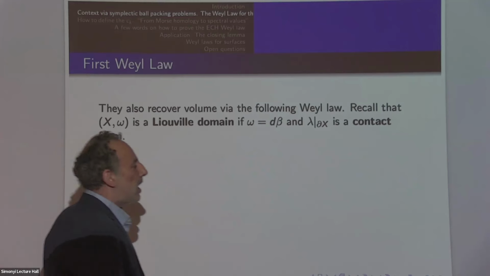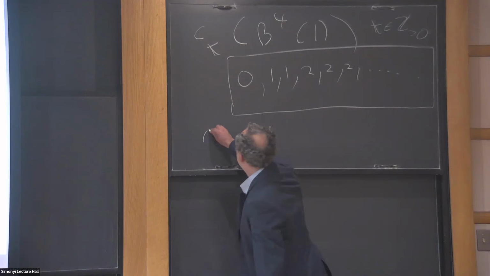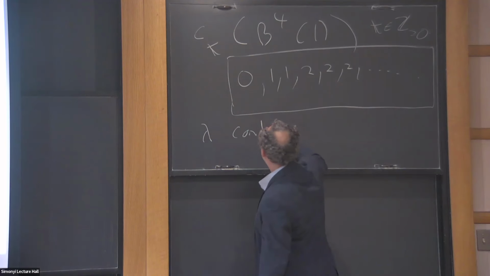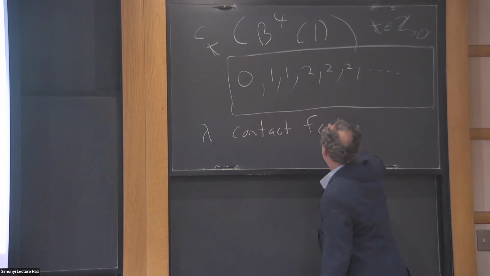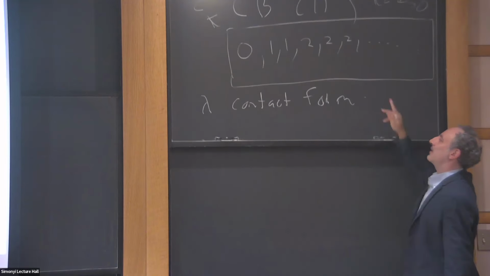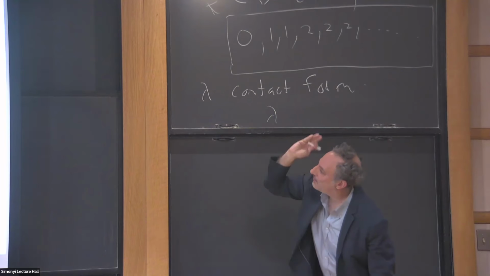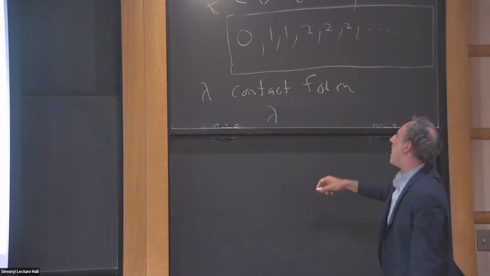We're going to need these contact forms again, so I'm going to write the definition of a contact form. I have here just a running list of things that we'll refer to later in the talk, because of course one problem with slides is that it's hard to go back.